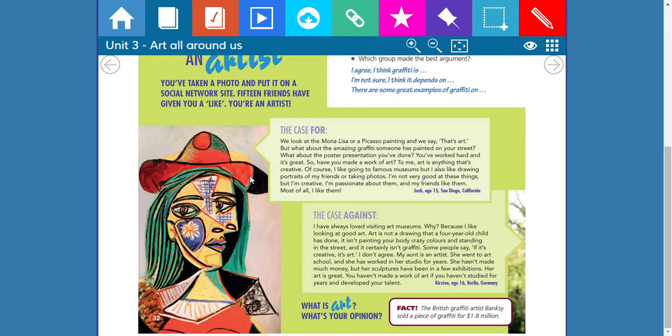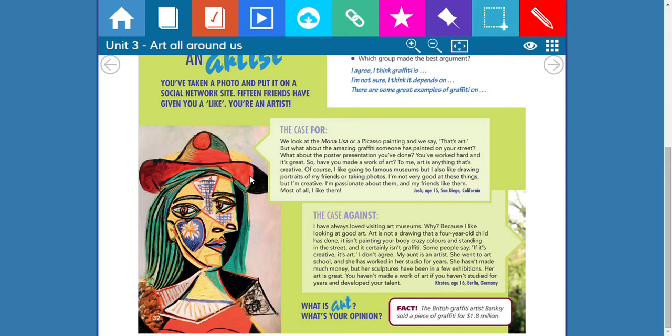Everyone's an artist. You've taken a photo and put it on a social network site. 15 friends have given you a like. You're an artist. The case for. We look at the Mona Lisa or a Picasso painting and we say, that's art. But what about the amazing graffiti someone has painted on your street? What about the poster presentation you've done? You've worked hard and it's great.